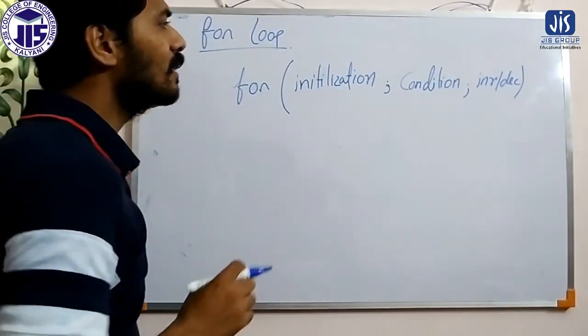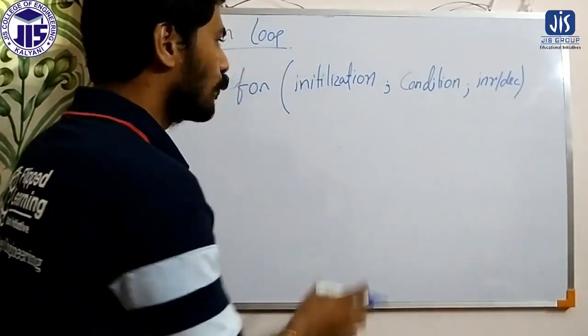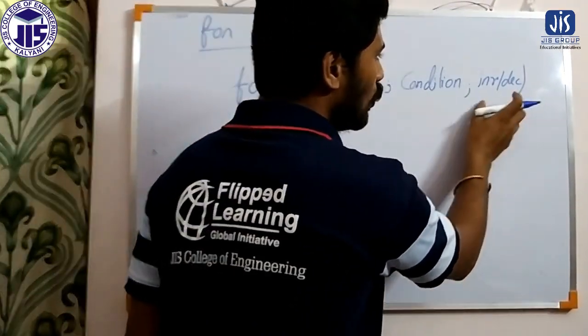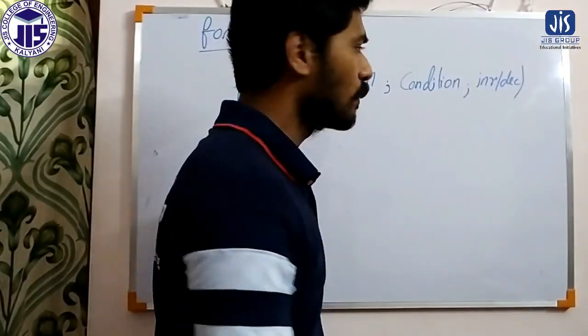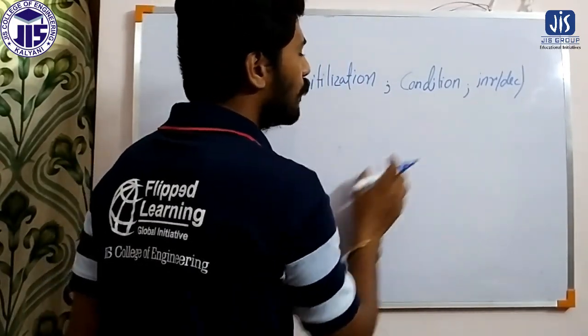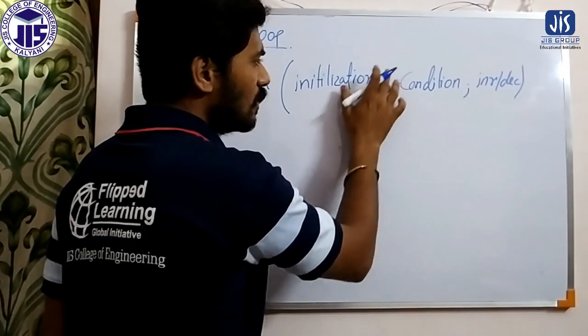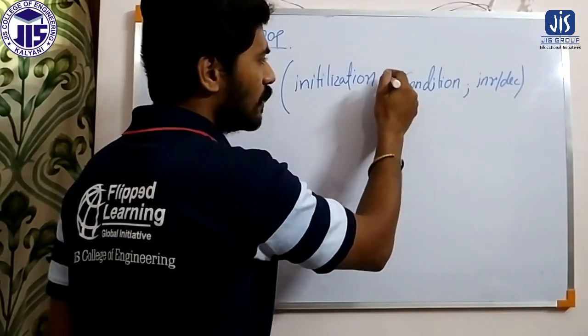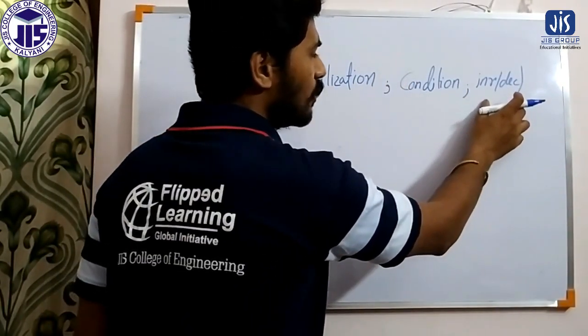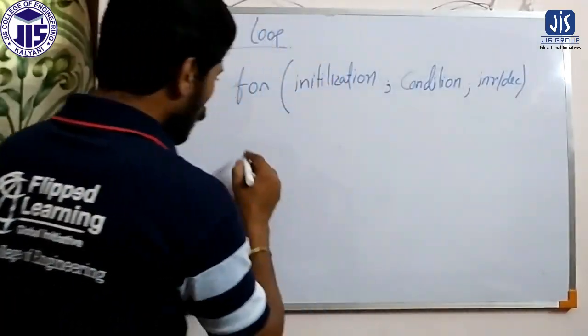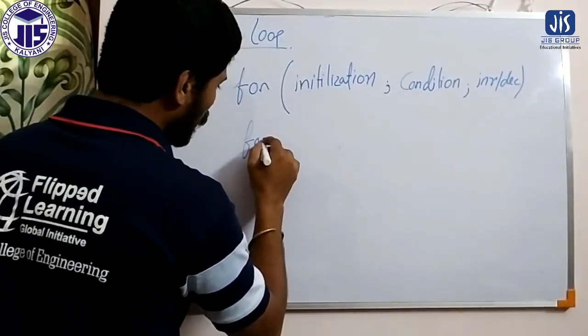So that is the general syntax of the for loop. These three components are differentiated by using the semicolon. Initialization and condition are differentiated by this semicolon. The condition and the increment decrement operation are differentiated by this semicolon. So we write the for loop in that way.